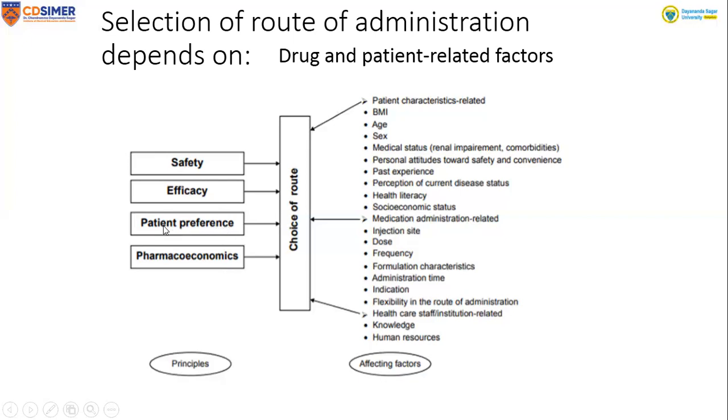Most importantly, if the patient prefers to take orally, then most of the patients, except some rural patients, otherwise majority of the patients are interested to take only oral drugs. Okay, so that is also one of the things which we can think of. In such cases, generally oral drugs are to be given. And also, what is the economy?